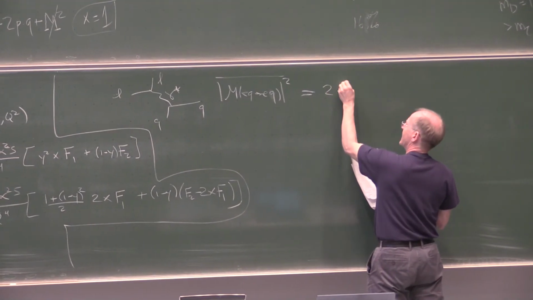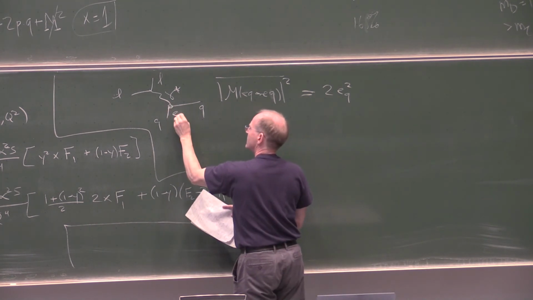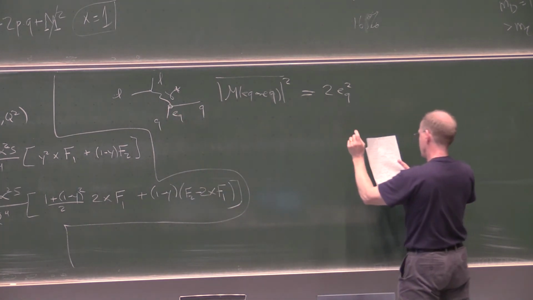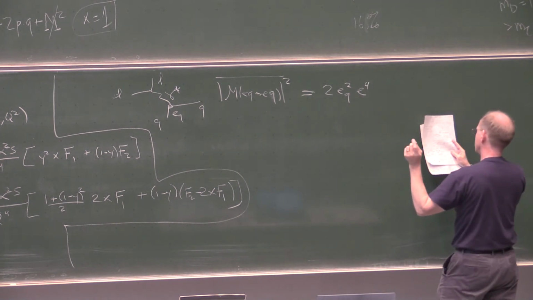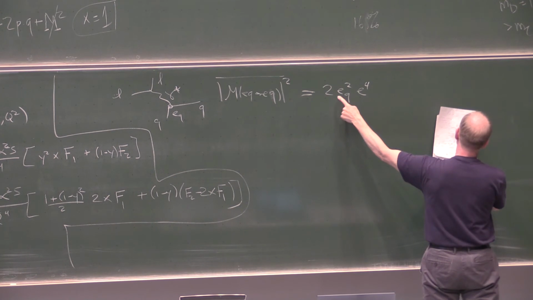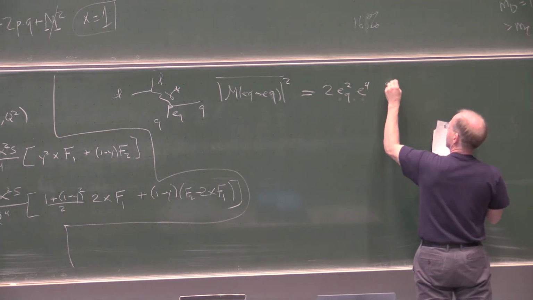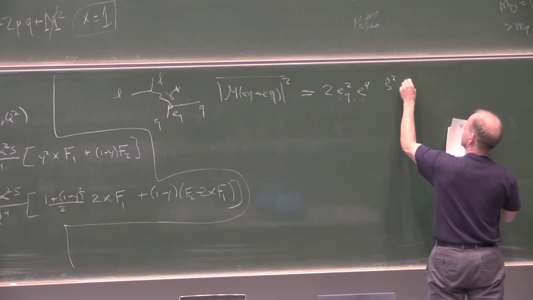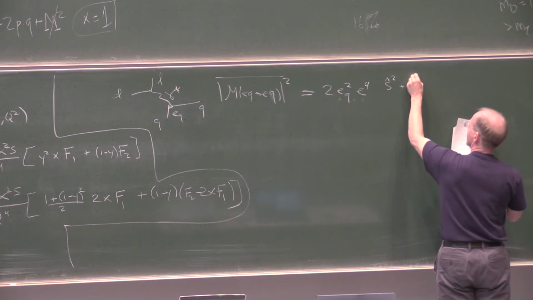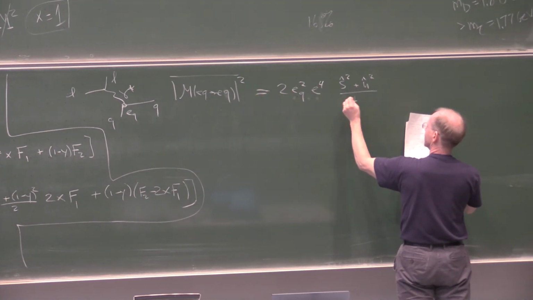This has a factor of the quark charge squared times e to the 4th for the overall. This is the quark charge in units of e. And then this squared matrix element is very similar to the ones for e plus e minus to q q bar, or e plus e minus to mu pairs, or Drell-Yan.